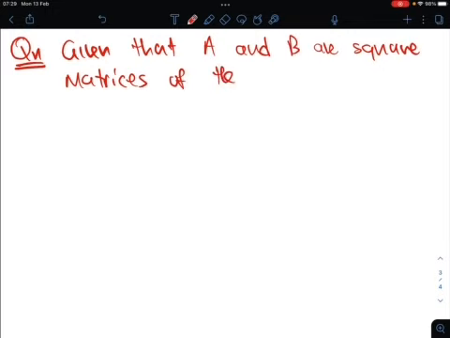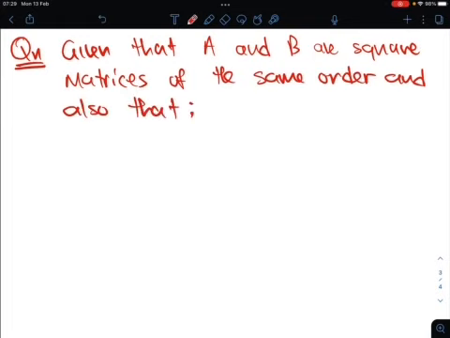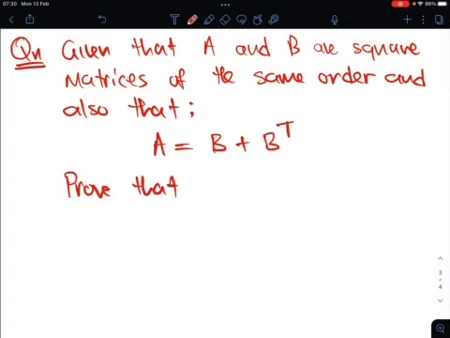Given that A and B are square matrices of the same order, and also that A is equal to B plus B transpose, prove that A is a symmetric matrix.